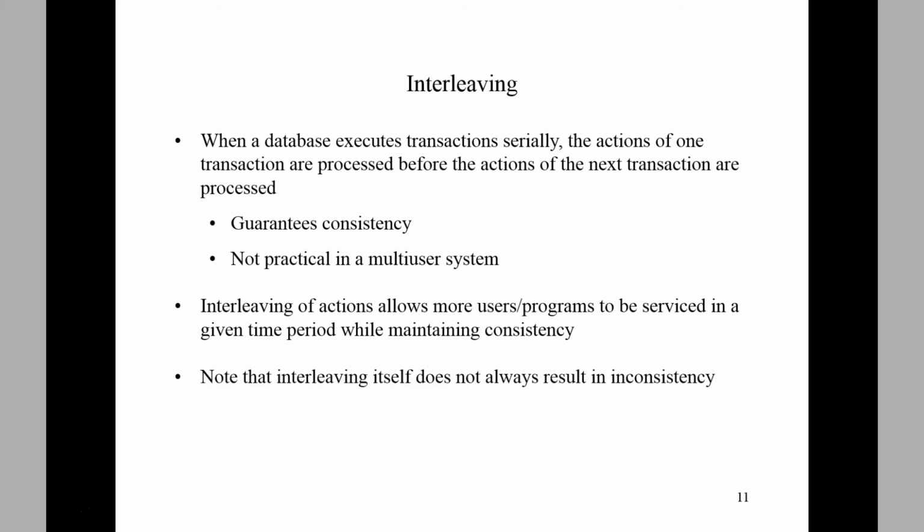We should note that interleaving by itself does not always result in inconsistency. Let's consider two transactions, transaction A and transaction B, that are going to be executing in such a way that neither one will run entirely to completion before the other one starts. That is, we will not experience the true serial execution, but interleaving will occur.